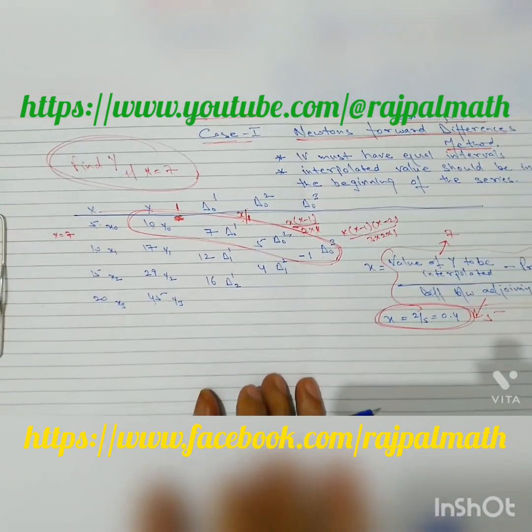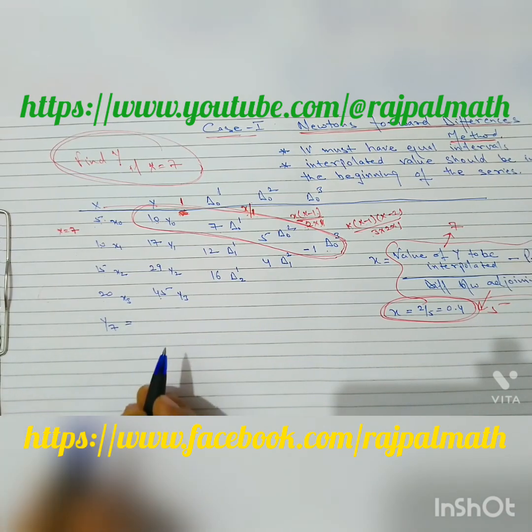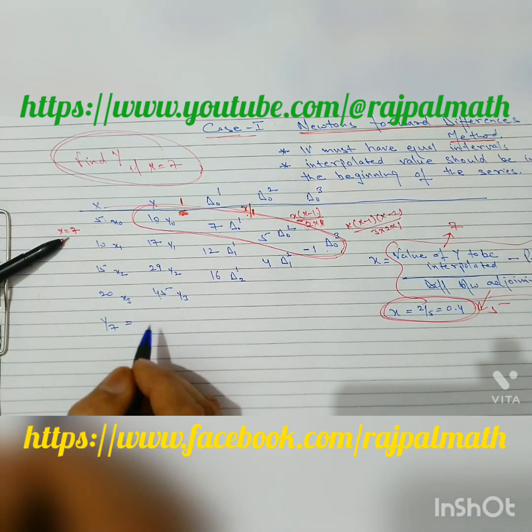Now the formula is y7. We have to interpolate the value for x equals 7.